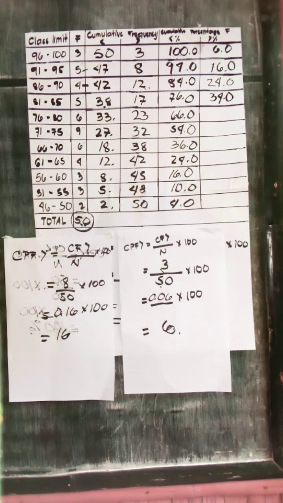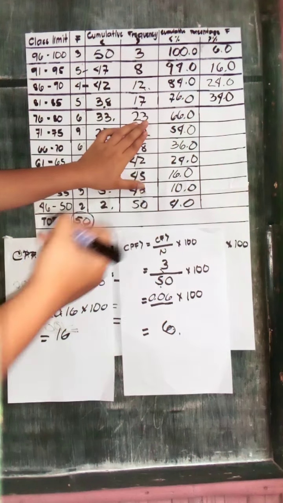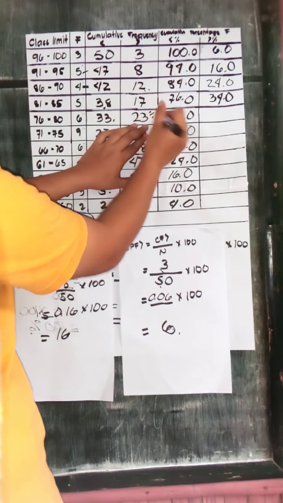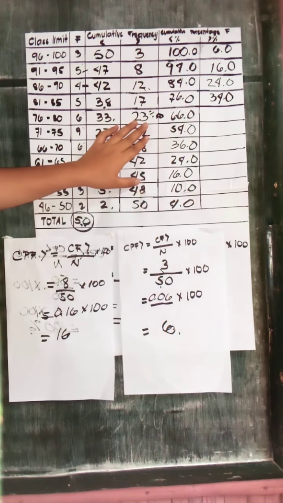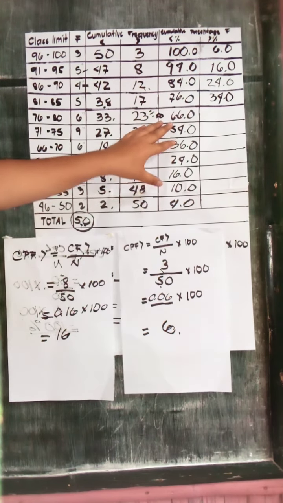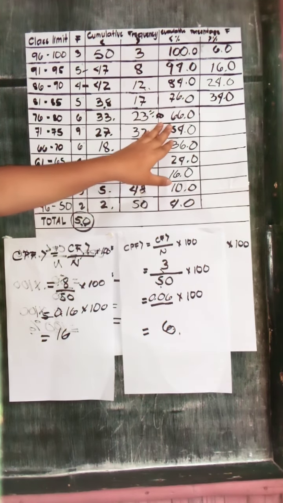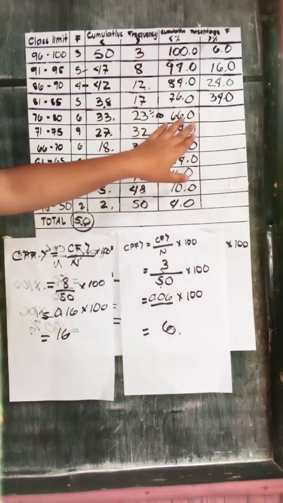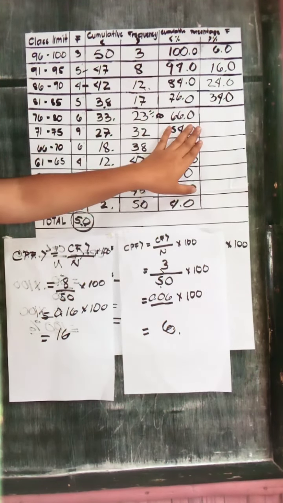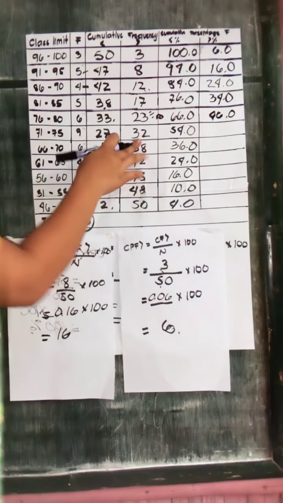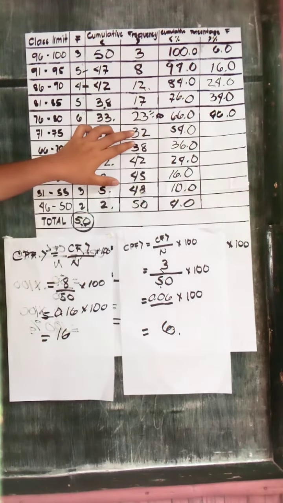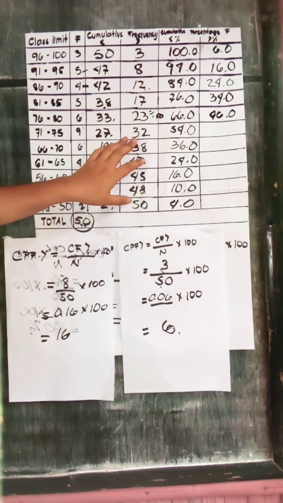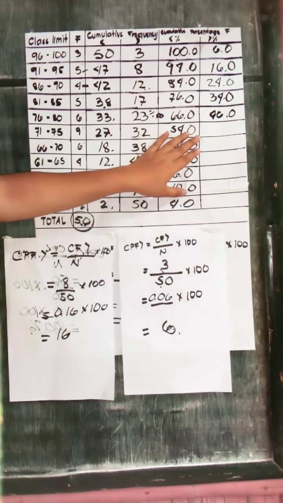So, now we're going to proceed. 23 divided by 50 is equal to 0.46. 0.46 times 100 is equal to 46. 32 divided by 50 is equal to 0.64. And 0.64 times 100 is equal to 64.